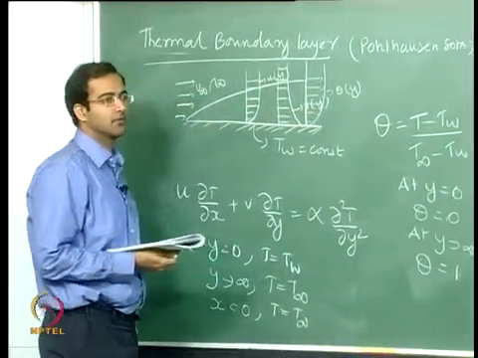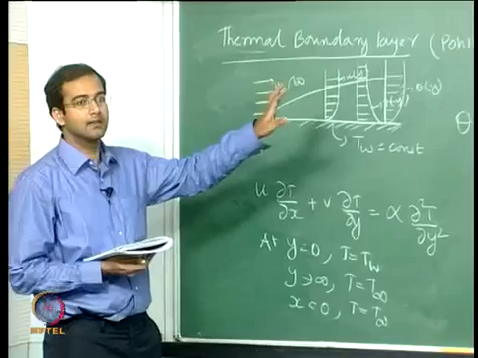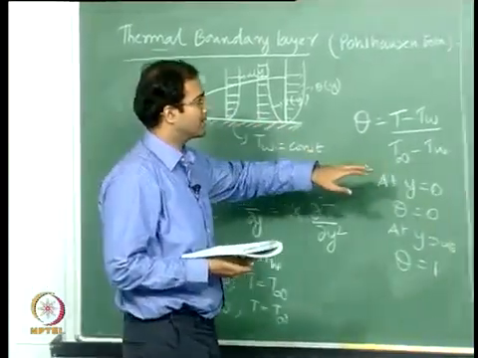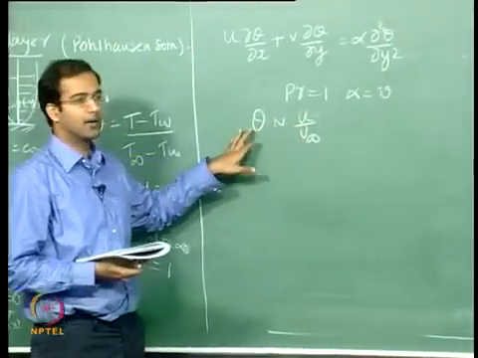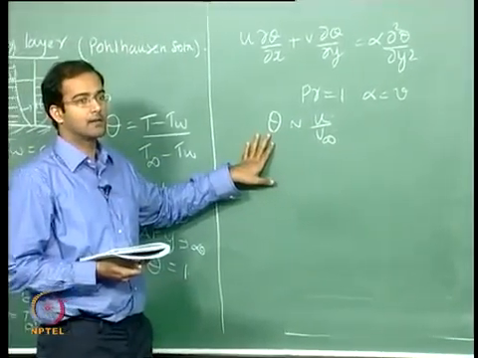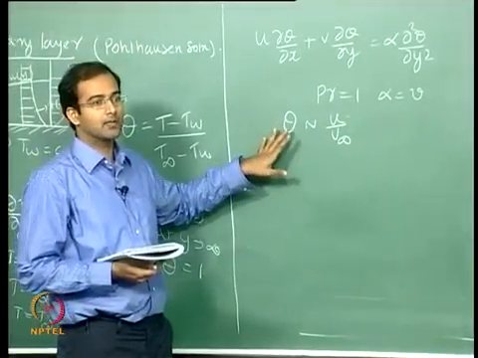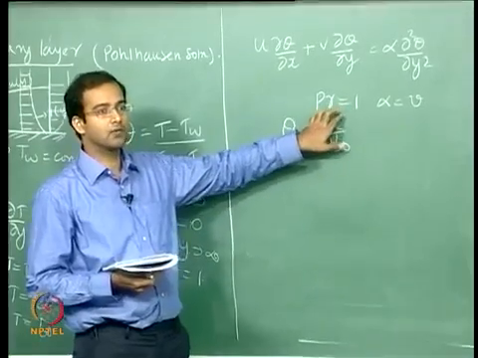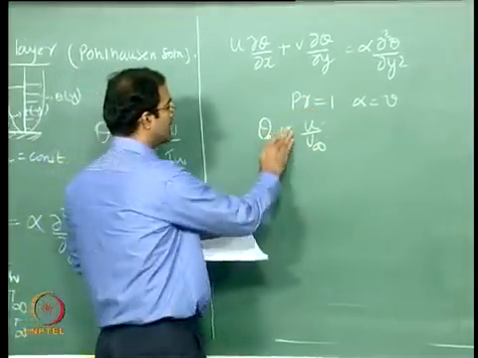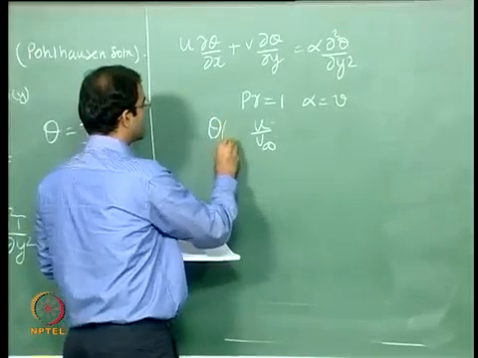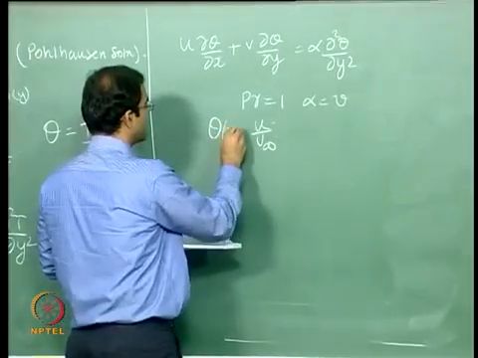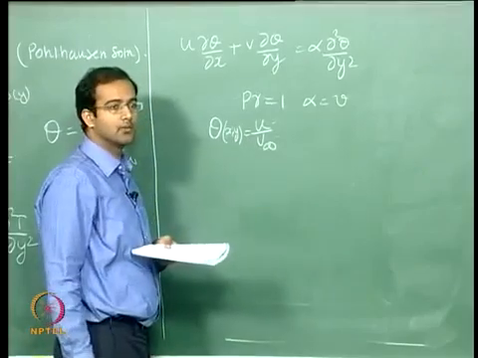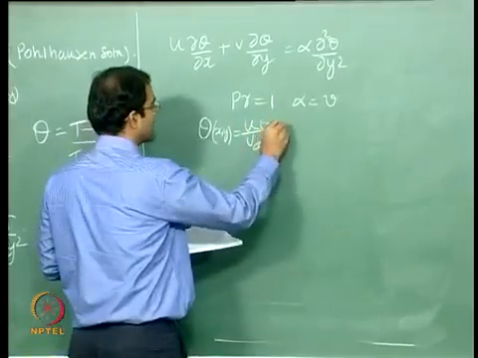What do you find? This is exactly identical to the momentum equation, except that you have theta in place of u by u infinity. Therefore, for this case where the Prandtl number equals 1, the solution for theta as a function of x and y should be exactly identical to u by u infinity as a function of x and y.